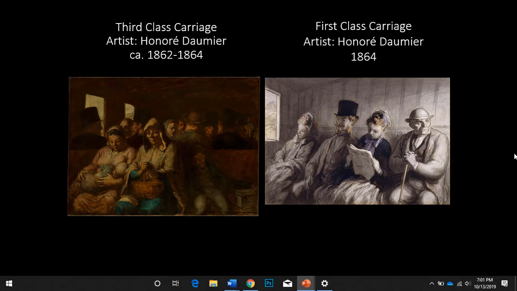Now in this comparison, it's very clear, even more so, what Daumier is trying to say. Because in the first class carriage, you get much more of a feeling of open space. There are only 4 people in first class in contrast to this crowd of the third class. The first class figures are well dressed, they're seated comfortably.